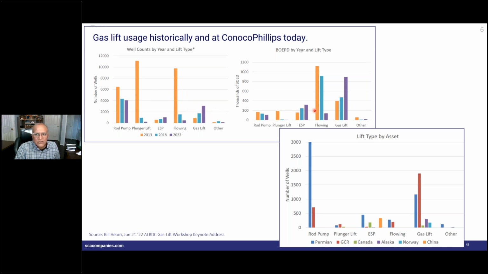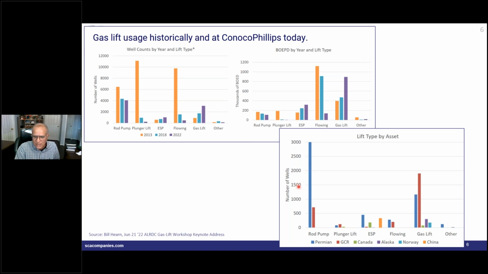However, when we look in terms of volume, in terms of equivalent barrels of oil per day, what we are looking at here is that for this particular operator at least, the gas lift volumes are consistently increasing, even though the number of wells is relatively less.